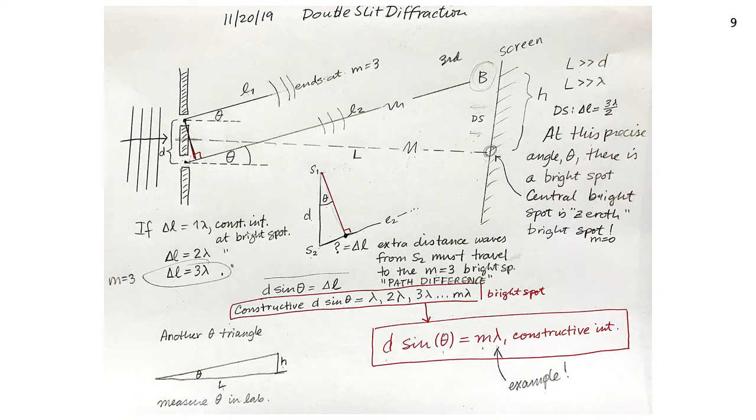So I designed this. I measure theta in the lab by doing H and L down here. And then I count this. m is just counting 0, 1, 2, 3 above, or 0, 1, 2 down below, whichever order it is. And from that, you can figure out lambda.